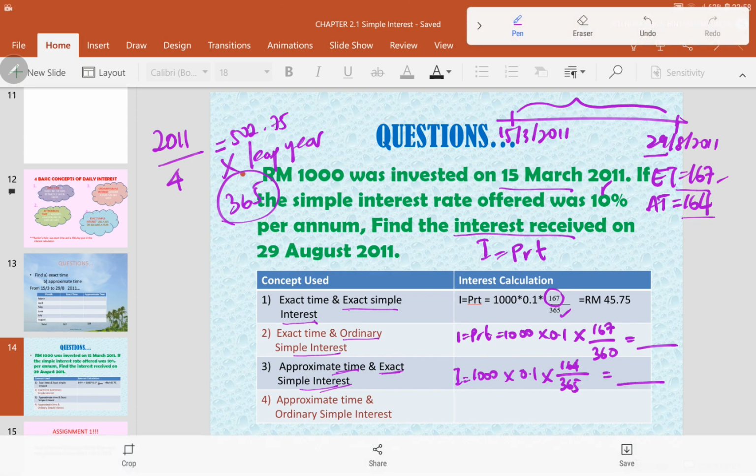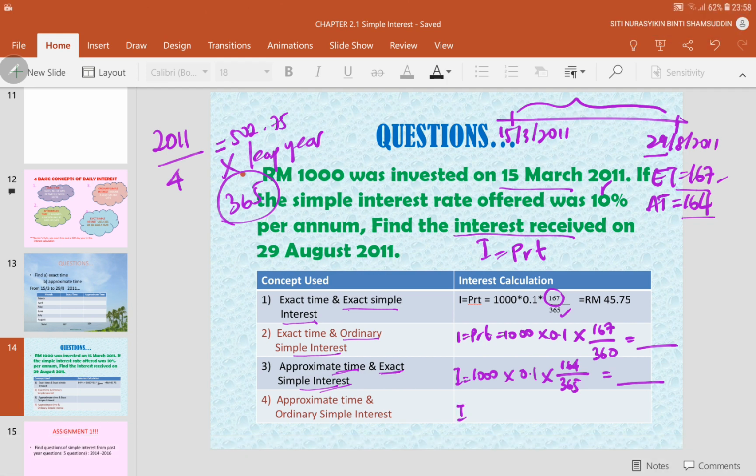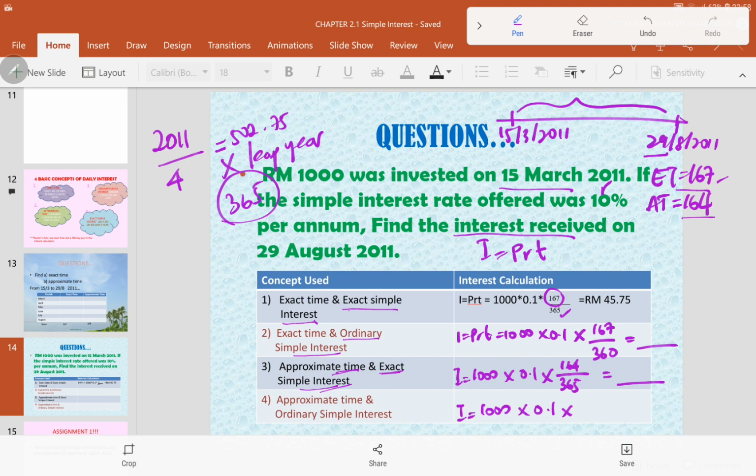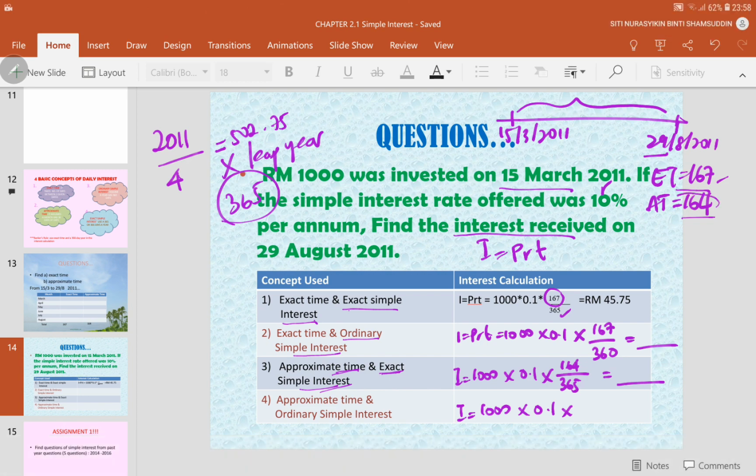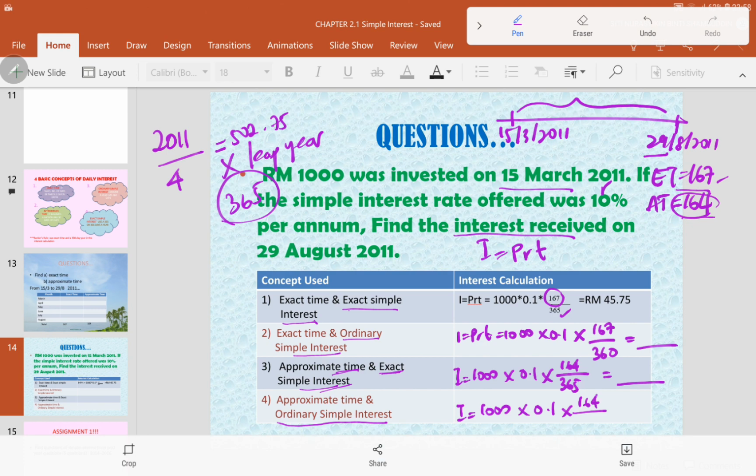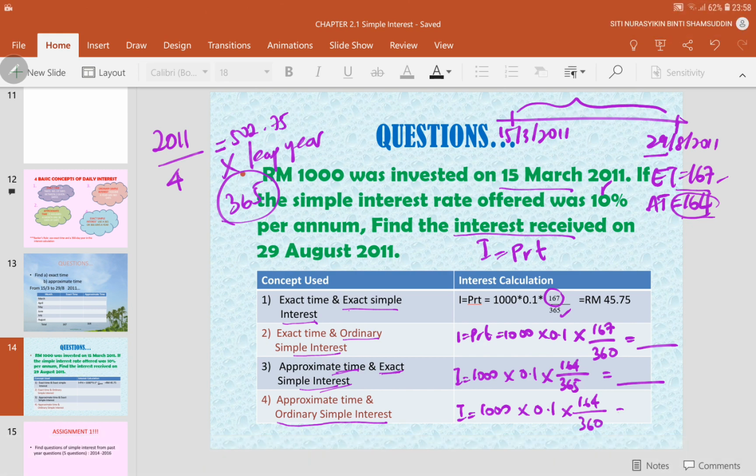Lastly, we have approximate time and ordinary simple interest. So interest equal to 1000 times 0.1 times T. T dia approximate time. So approximate time dia tadi 164 ni, 164 days over ordinary simple interest. Bila ordinary simple interest, kita assume every year ada 360 hari over T. So you dapat D value.